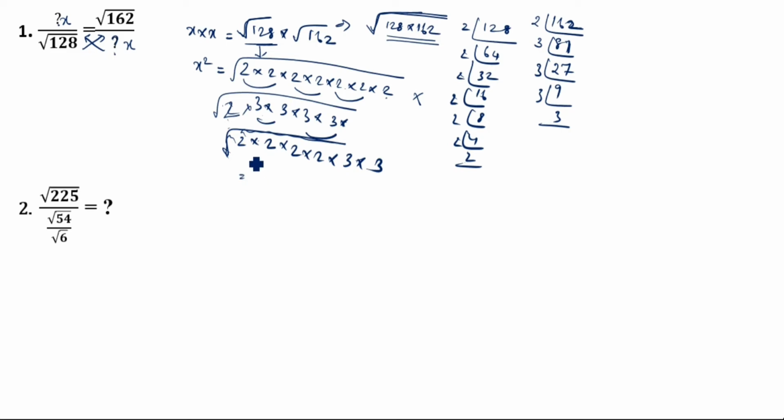So 2 2s are 4, 4 2s are 8, 8 2s are 16. 16 into 3 into 3, so 16 into 9. 9 6s are 54, plus 9 is 144. So now x square is equal to 144.